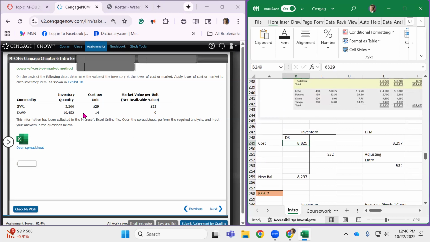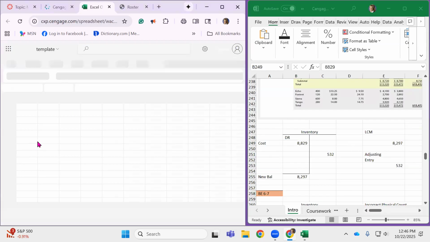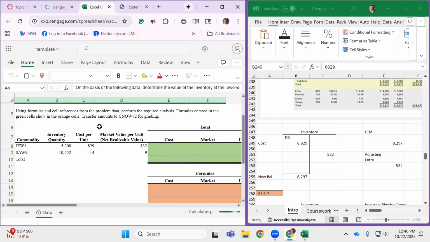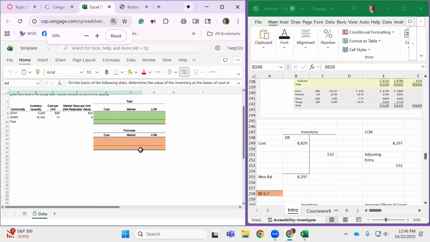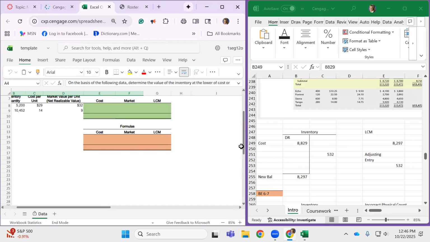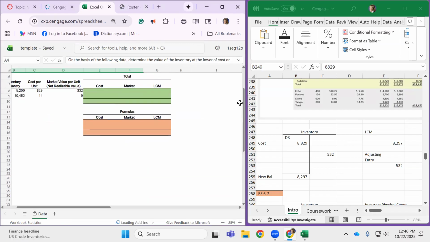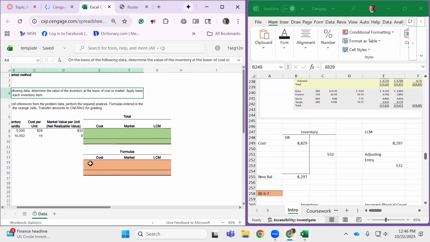All right. So here is what it cost us. Here is what the market says it is. So I'm going to give you an example of how this works. So we've got two of them. Let's go out to Excel here and let's see if we can put these in. So what is the cost then?